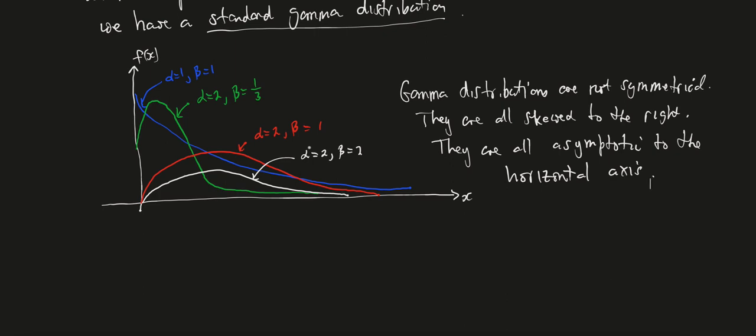And then the normal would be on the complete opposite end. That would be the most difficult because we can't possibly compute the integrals. We always have to rely on tables or software. The gamma distributions tend to be somewhere in the middle. A few of them are fairly easy to integrate, right? And again, those are the ones that we're going to focus on. But we still have to end up using things like integration by parts.